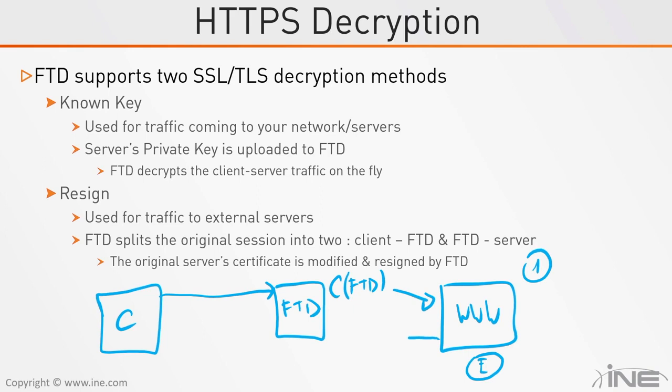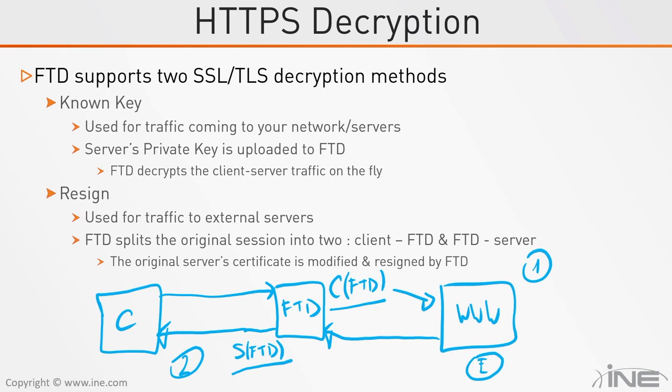Now the server is going to reply to the FTD, where FTD will modify the reply so it appears as a server to the originating client, which is going to make the second handshake over here. So the end result is that we will see two handshakes during this negotiation. FTD appears as a client to the server, and FTD appears as a server to the original client.